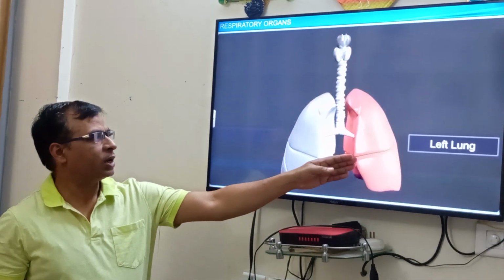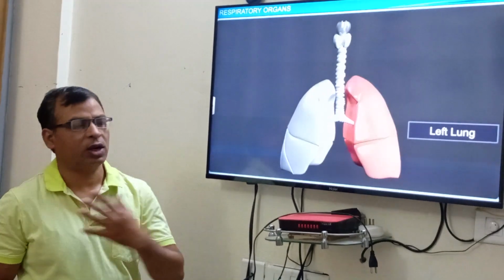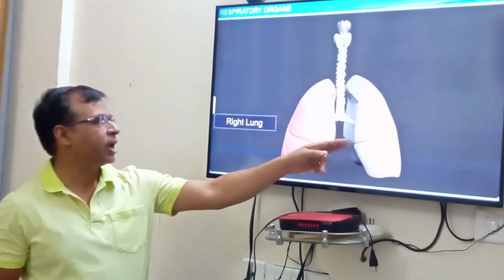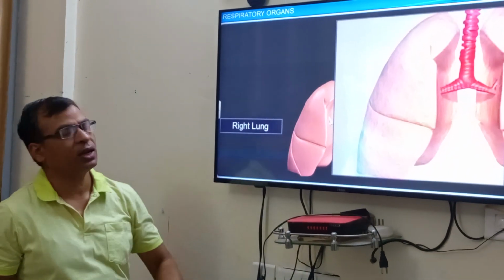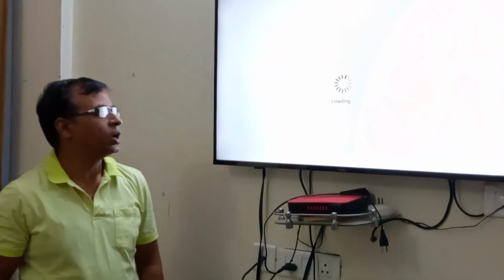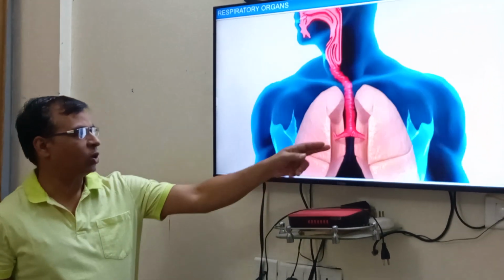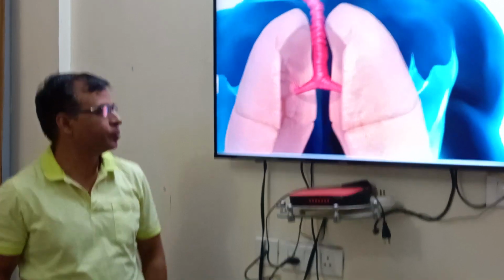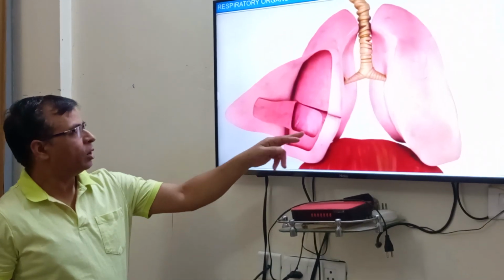The left lung is slightly smaller due to the presence of the heart on the left side. It has two lobes, and the right lung has three lobes and is slightly larger than the left lung. So this is the lobes of the lungs.